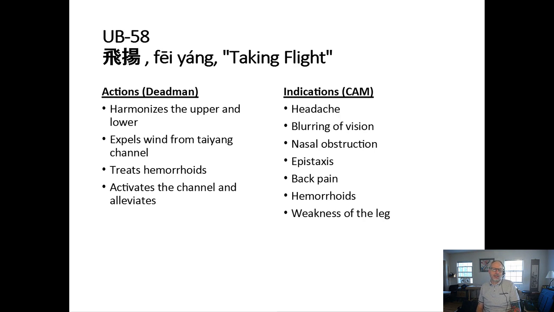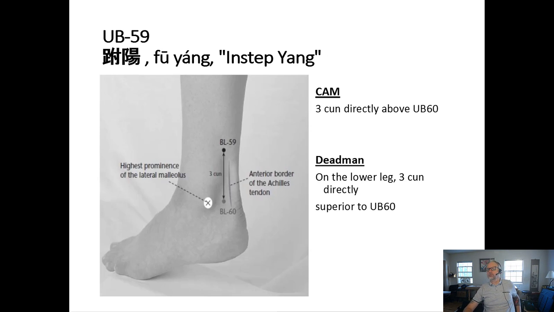The other part that's kind of important to realize is this 58 expels wind from the Tai-Yang channel. Tai-Yang is the SI and the UB. So if there's wind anywhere in that channel, we can use this point to either pull out wind or push wind out of the SI or the UB.